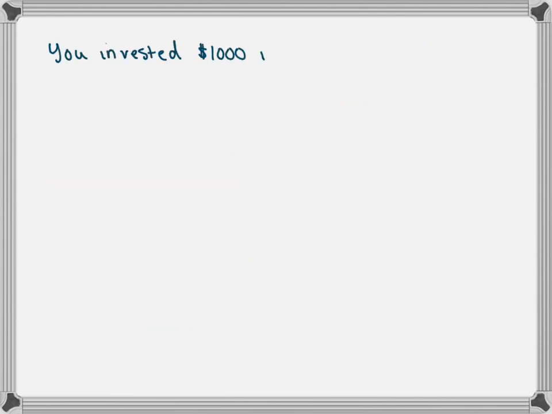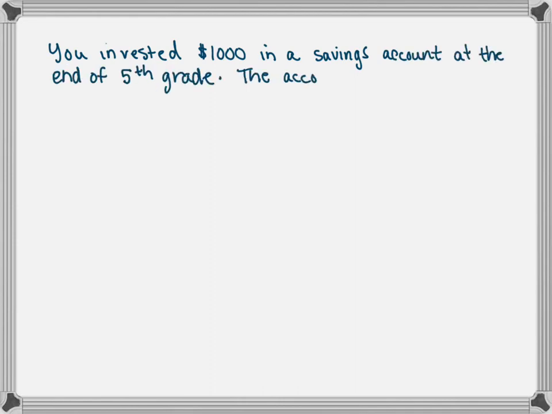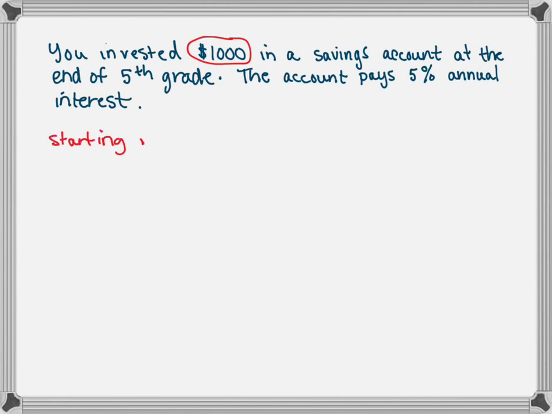Okay, let's look at another real-life type of problem. You invested $1,000 in a savings account at the end of 5th grade. The account pays 5% annual interest. Okay, so we started off investing $1,000. This is our starting value.